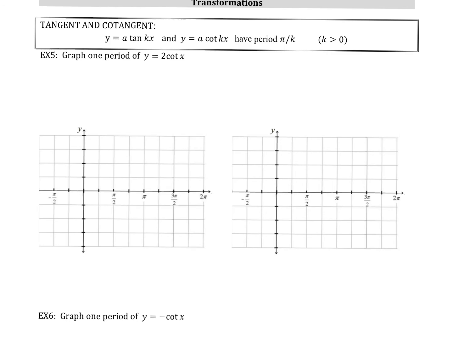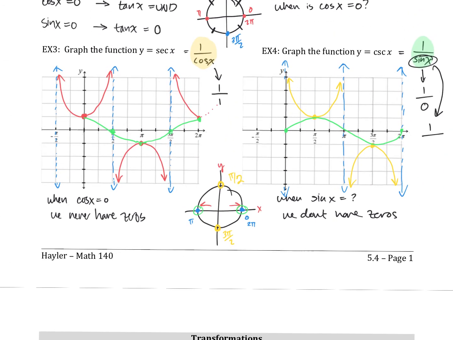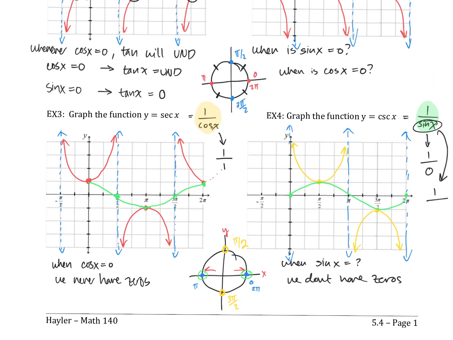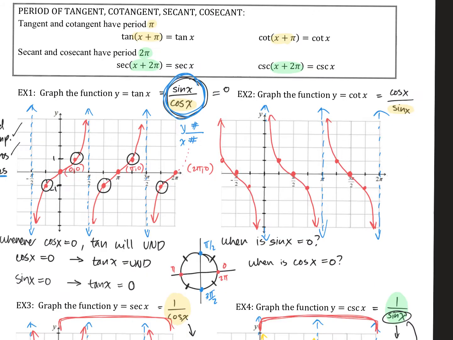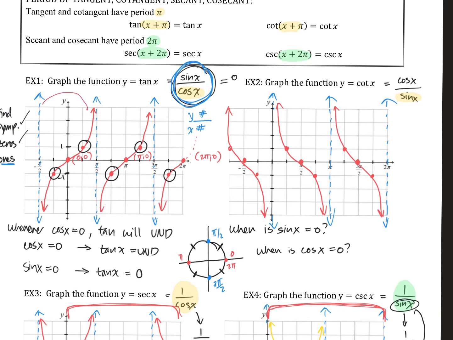Okay. Ooh, one thing I think I forgot to mention. So a period. If you remember, sine and cosine, secant and cosecant have a period of 2 pi. So a usual period that we might graph would be something like this, from 0 to 2 pi. And a usual period for cosecant would be something like that. Those would be considered one period for those two. For tangent, one period would usually be this one right here.